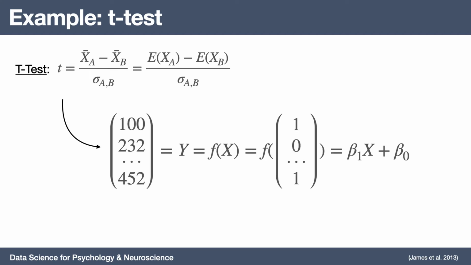So you can have y, which is some set of observations, let's say reaction times, equals f of x, where x in this case is a binary variable that is 1 if the observation comes from group 1, 0 if it comes from group 2, and you can fit it as a regression problem: beta 1 times x plus beta naught.